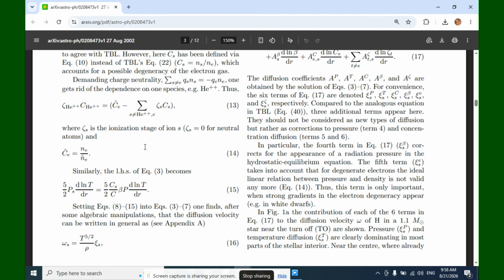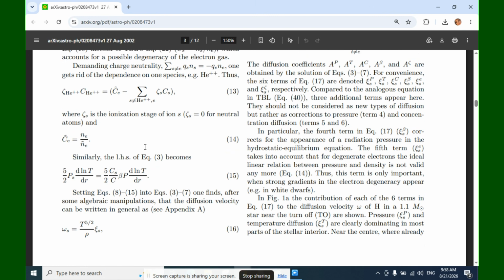In figure 1A, the contribution of each of the six terms in equation 17 to the diffusion velocity omega of H in a 1.1 solar mass star near the turn-off is shown. Pressure diffusion zeta s to the power of P and temperature diffusion zeta s to the power of T are clearly dominating in most parts of the stellar interior.